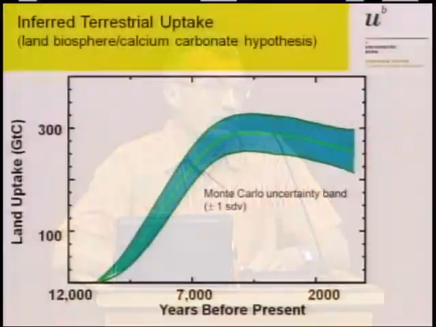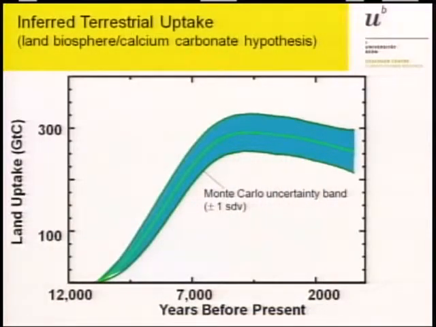If we underlie this hypothesis, we can then come up with a terrestrial uptake that is shown here. We infer a terrestrial uptake of order 300 gigatons of carbon in the early Holocene, and then a slight release during the late Holocene.